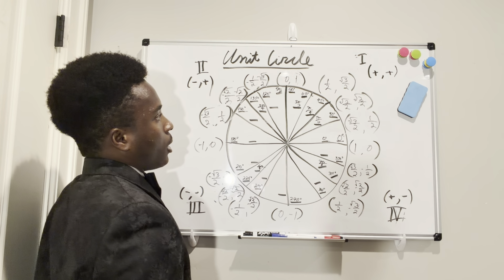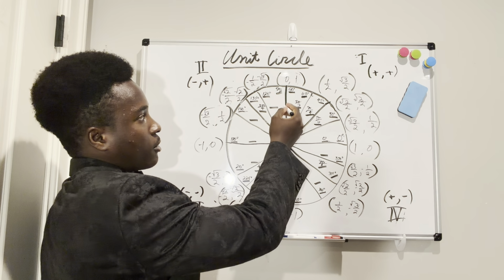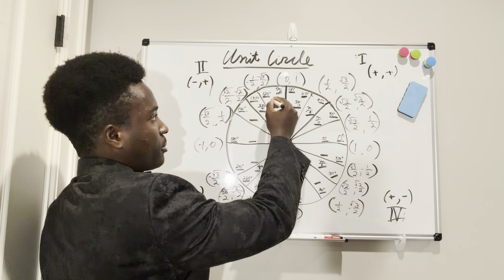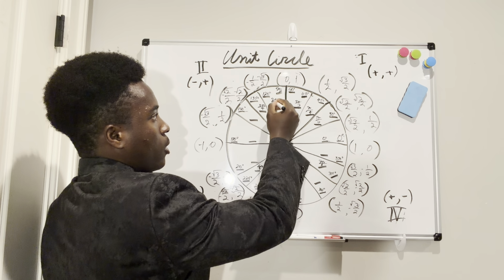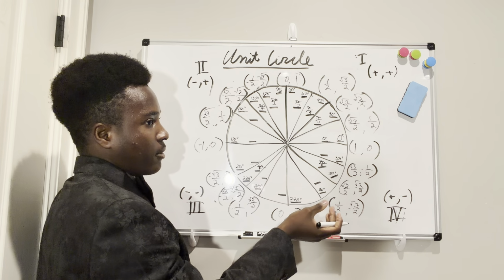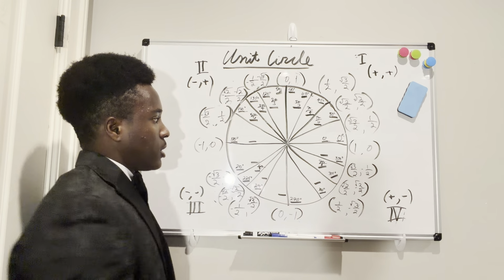And then another 30 degree jump, add another pi over 6, 4 pi over 6, which simplifies to 2 pi over 3. Our next 30 degree jump, add another pi over 6, 5 pi over 6.